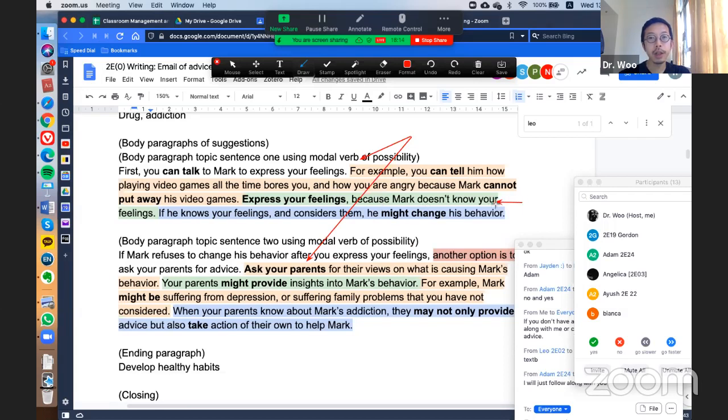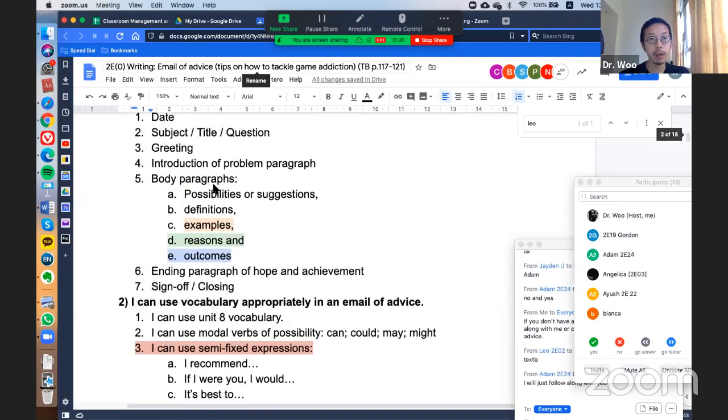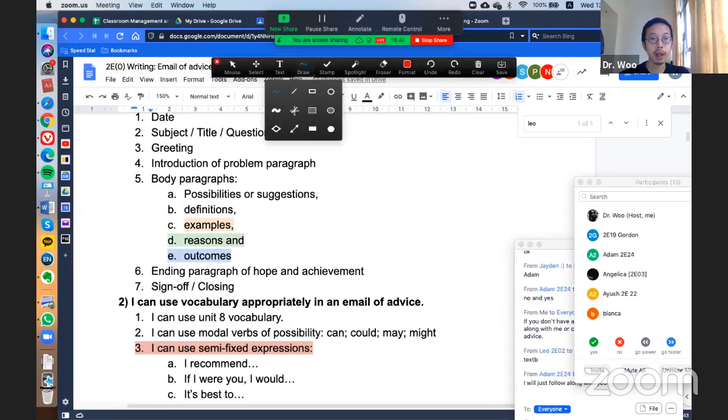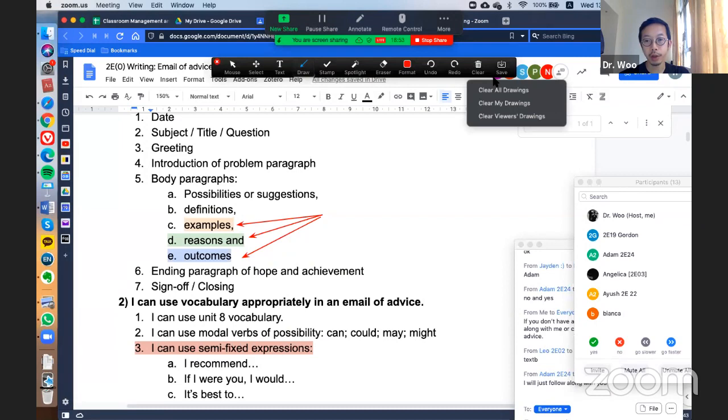Then we see reasons for suggestions in green, and then we see consequences in blue. So I included all of the paragraph development elements that I will be looking for in your writing. Can you provide examples of your suggestions, reasons for your suggestions, and possible outcomes to your suggestions?